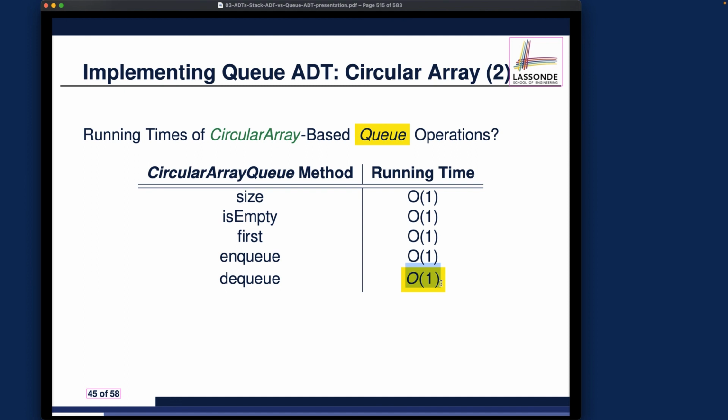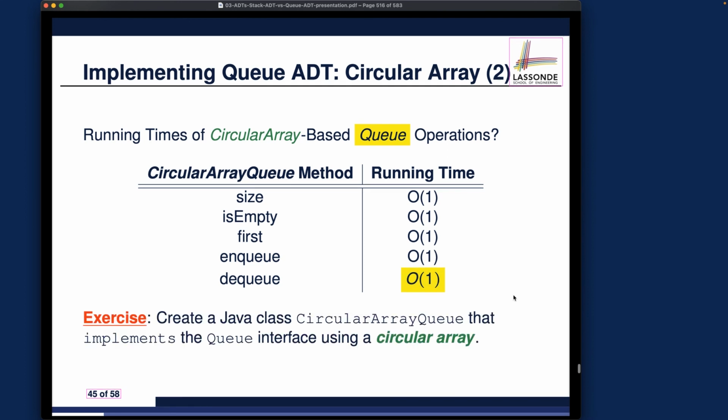Of course, the compromise is you have to deal with the complexity of being flexible on the F and R, which is what I just illustrated, right? So this will be an exercise for you. Very important. I cannot really force you to do it, but I would highly recommend you complete it yourself. Create a Java class called CircularArrayQueue that implements the queue interface using a circular array.